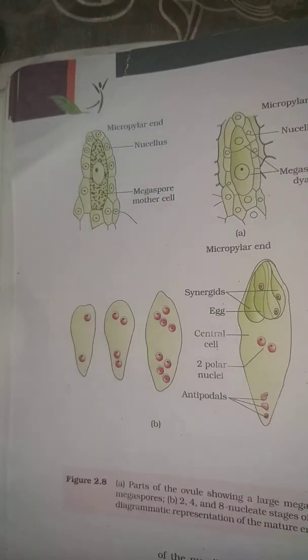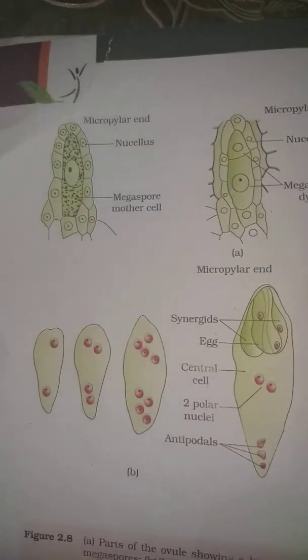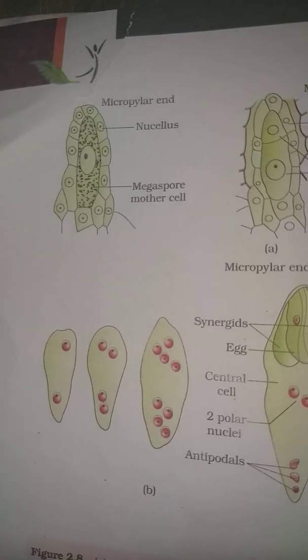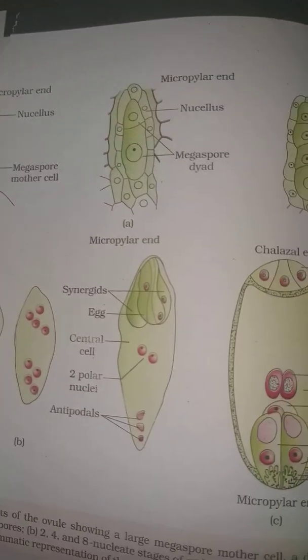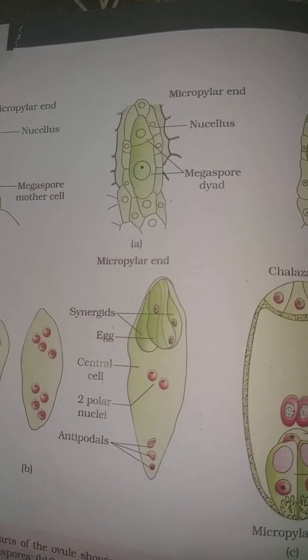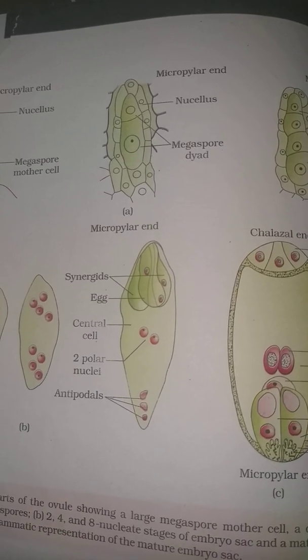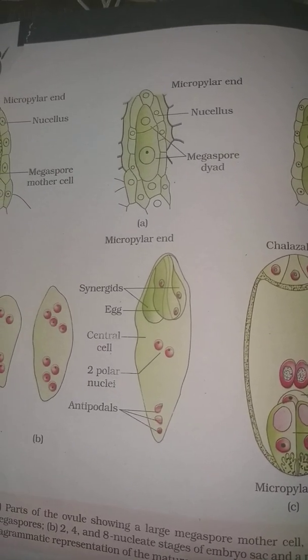Now you see here, a single cell, the megaspore mother cell. Then from the single cell you have dyads, which means the two-cell stage. You see here the upper part represents the micropylar end.